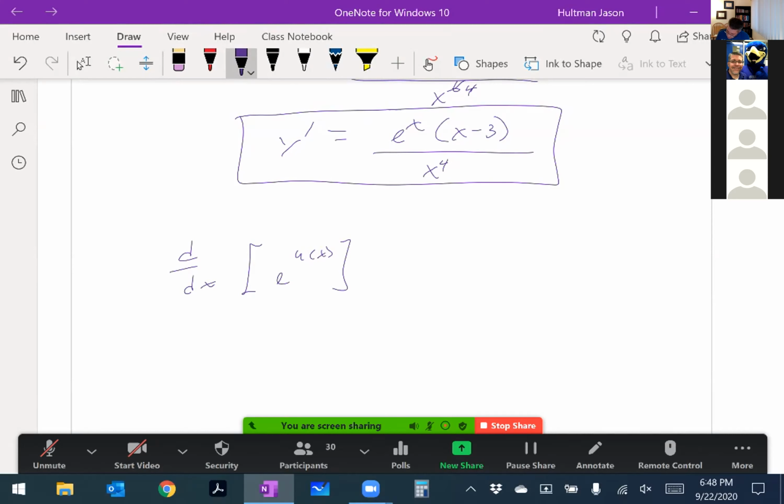Well, the derivative of e to the u of x is equal to e to the u of x times u prime of x, or written more simply, u prime e to the u. Whatever u was, I just take the derivative of it and put it in front of the original function. I'll put the x's here.